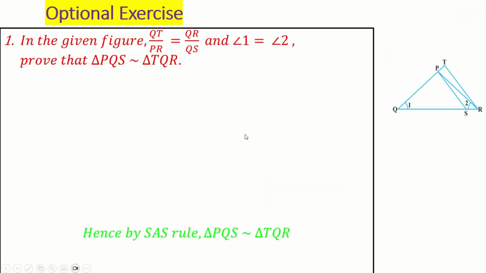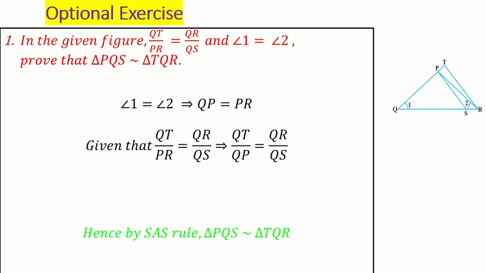Okay, in the given figure, QT by PR equals QR by QS, and angle 1 equals angle 2. Prove that these two triangles are similar. Okay, so this is very easy. If two angles are the same, which means we can take PR equal to QP, right? So it is given that QT by PR equals QR by QS.